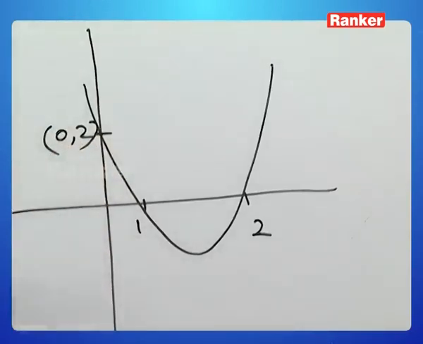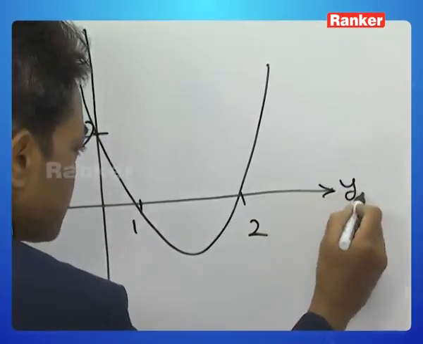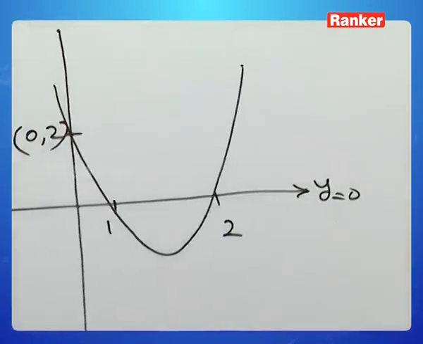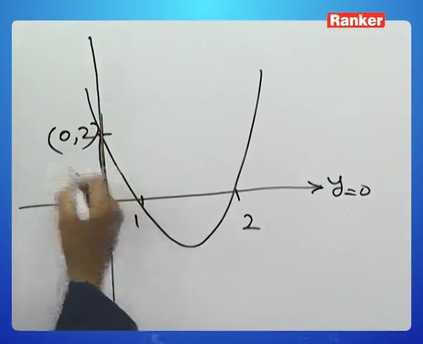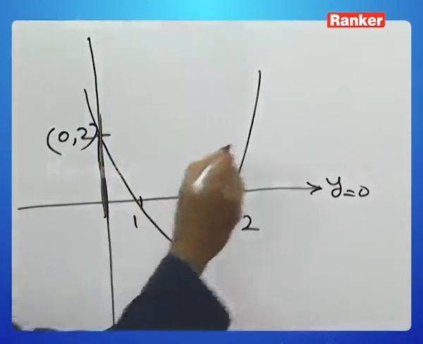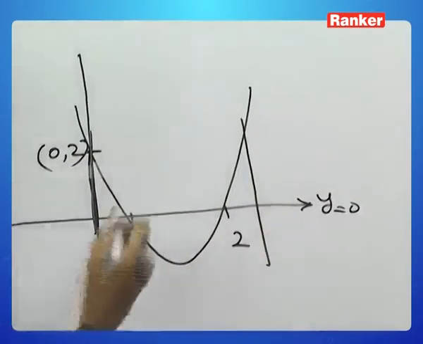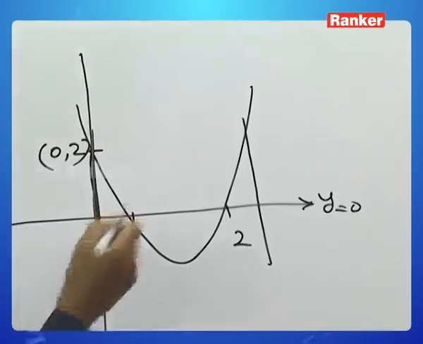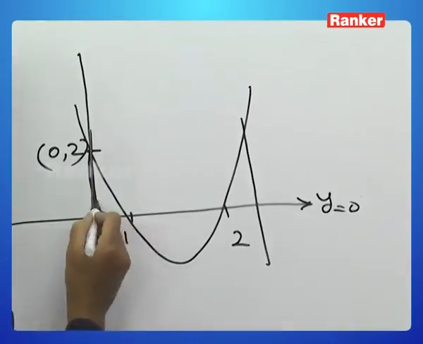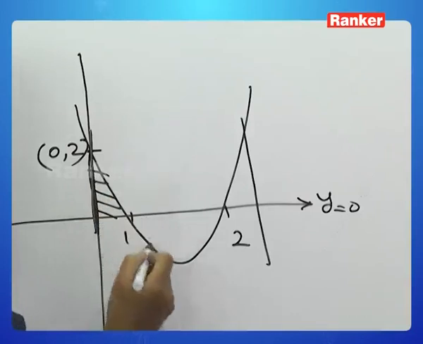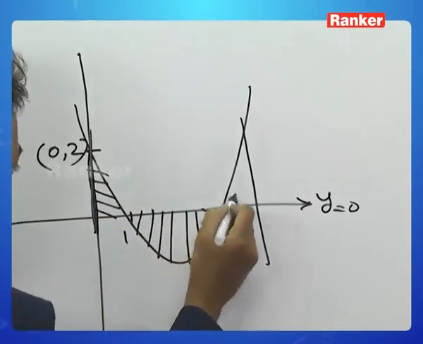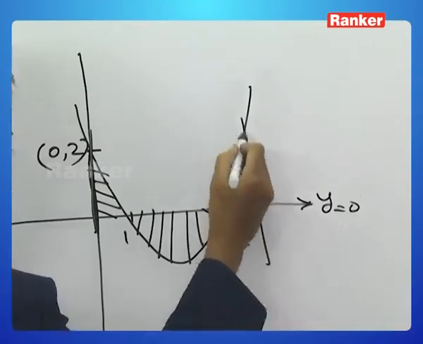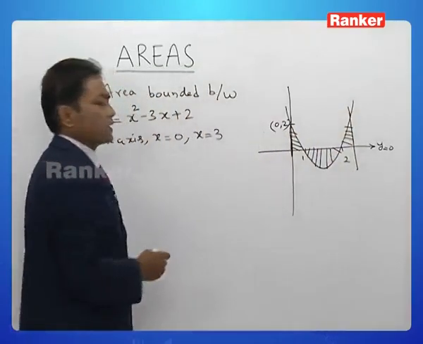And x-axis, this is x-axis, x is equal to 0, that is y-axis, and x is equal to 3. So, area bounded between this area and this area and this area. So, let us try to find this area.